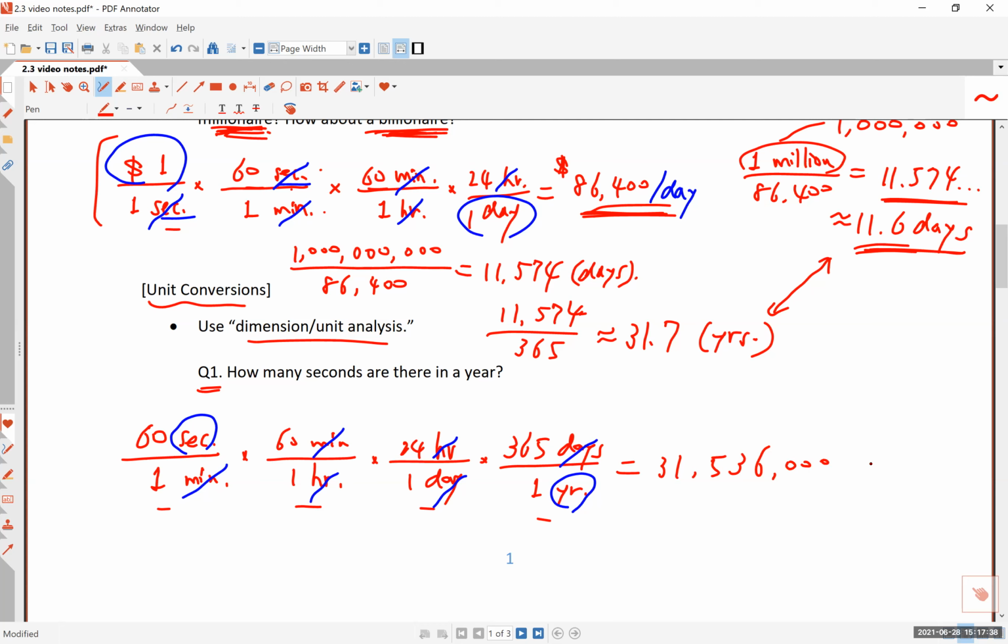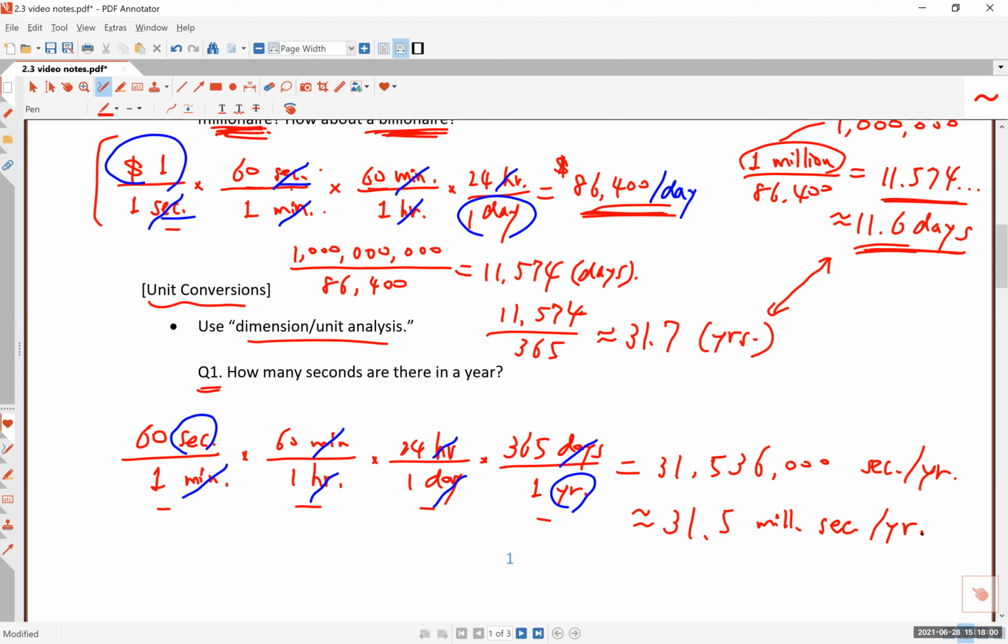And so that's in seconds per year, right? So you can say there are 31.5 million. Let's go ahead and write this down. This is approximately the same as 31.5 million seconds per year.